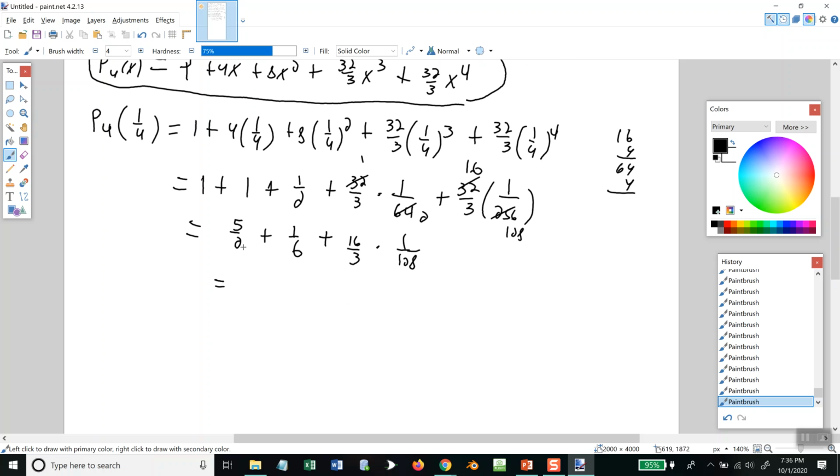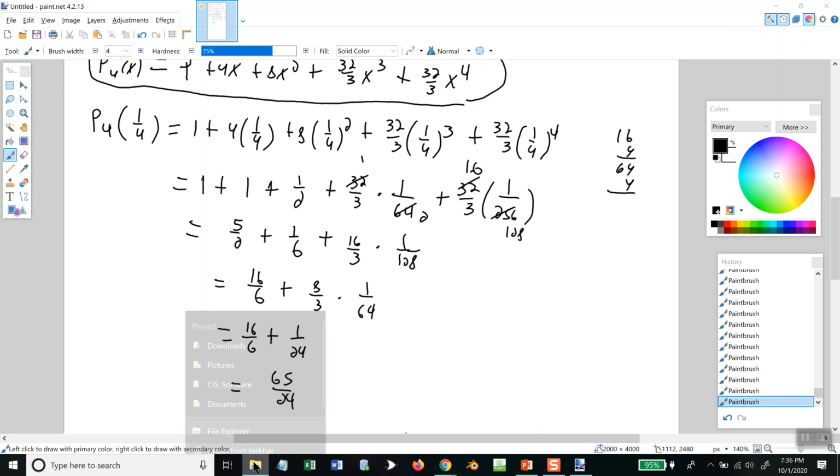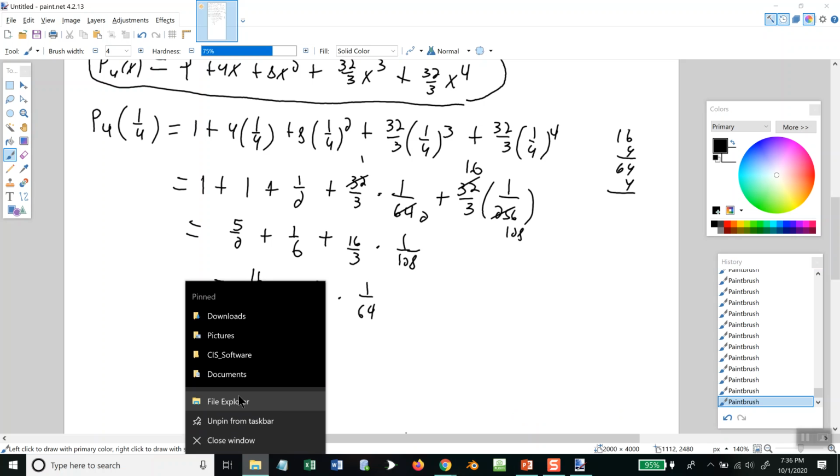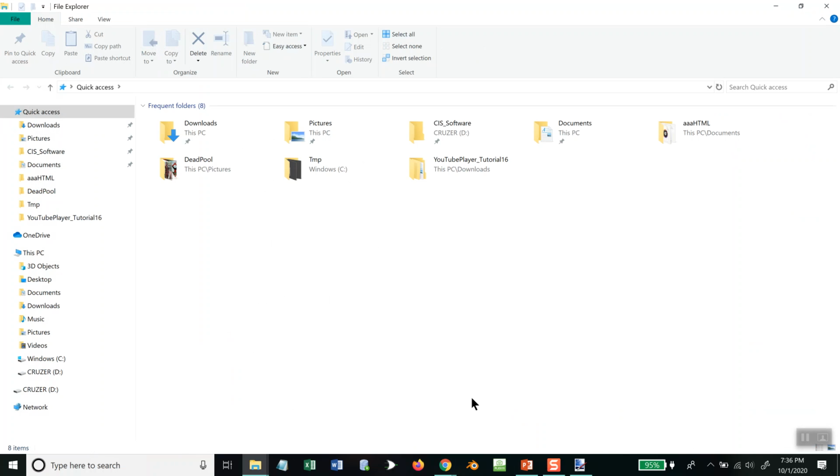If I multiply top and bottom by 3 here, that gives me 16/6. 3, 15, 16, 6 plus 8/3 times 1 over 64. I guess that's 1 over 24. Yeah. Multiply the top and bottom, that's 65 over 24. Maybe. 65 over 24? I got 59. You're probably right.